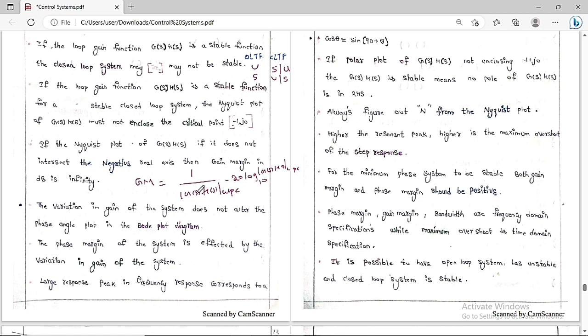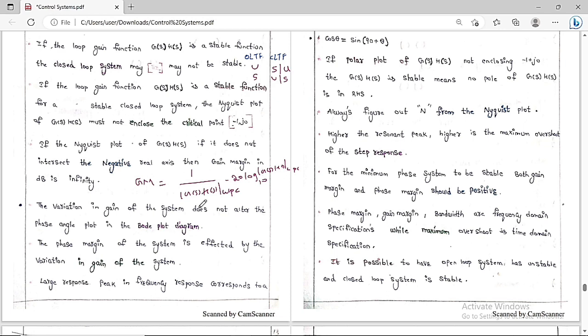Suppose this mod of G(s)H(s) at omega PC is assumed to be infinity, then the overall value we get is infinity. So therefore we can say that finally, if the Nyquist plot of G(s)H(s) does not intersect the negative real axis, then the gain margin in dB is nothing but infinity.